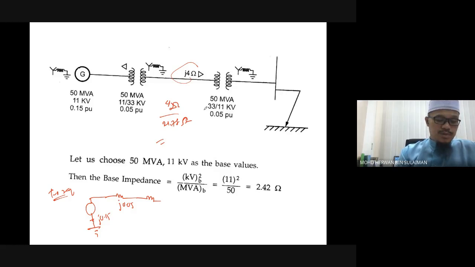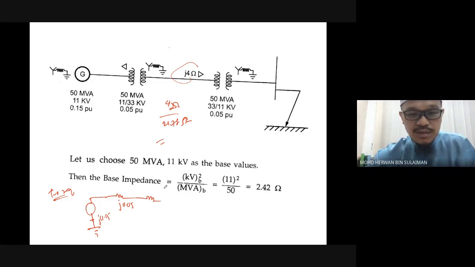Dividing by 21.78, so the transmission line is J0.1837. So here J0.1837, and then your transformer J0.05, and then this one is short, right? Short to ground. So this is the positive sequence.